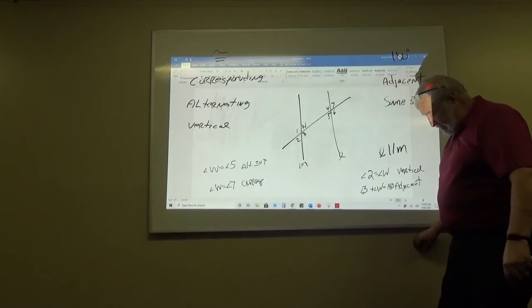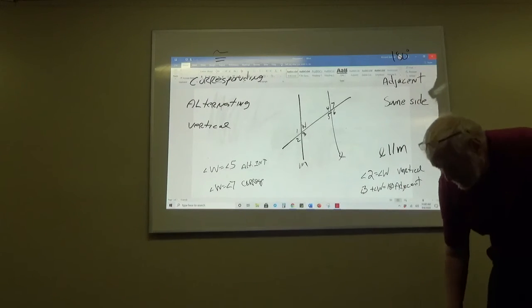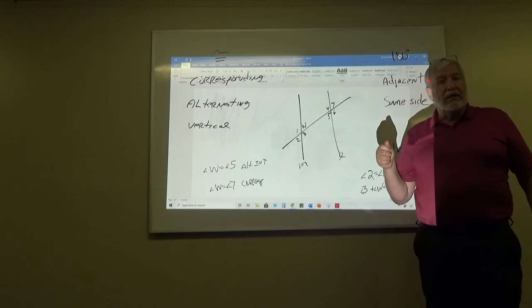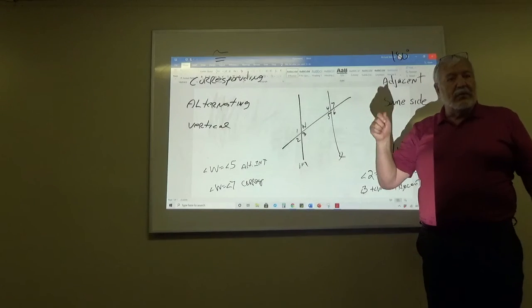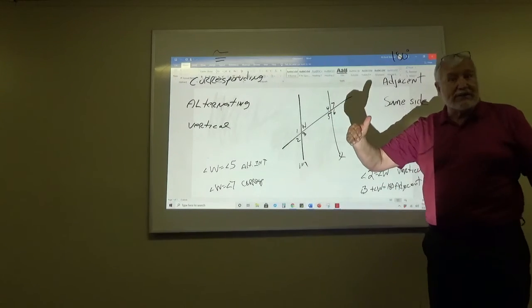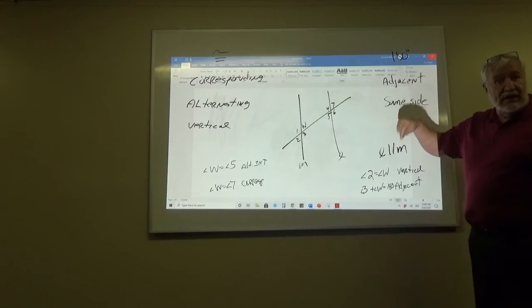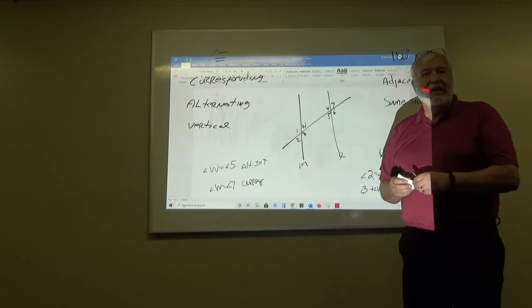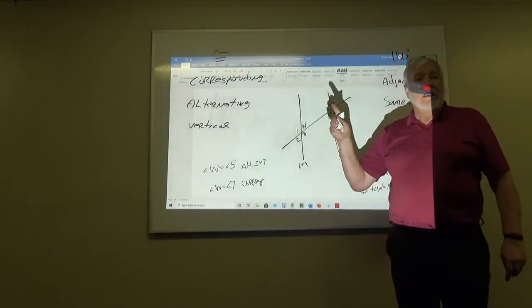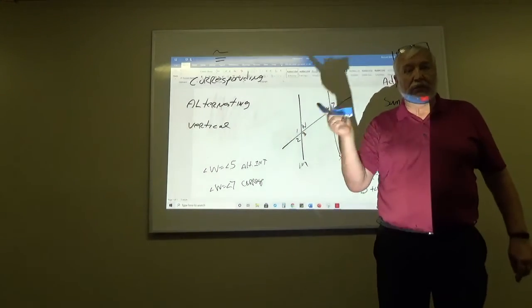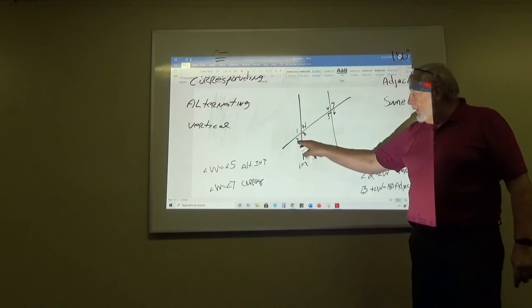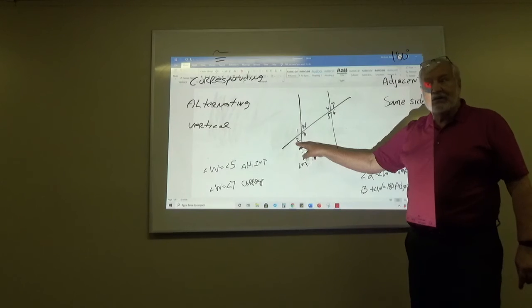Some books use alternating and same side as one skill, and some books say alternating interior, alternating exterior, same side interior, same side exterior. If they're alternating and equal, it has to be alternating interior or alternating exterior.